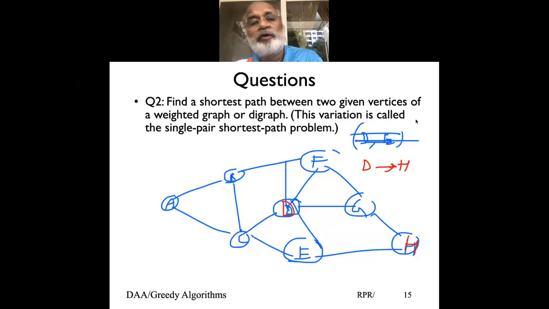No one. So essentially all we need to do is, rather than starting from graph node A, make D my source vertex.